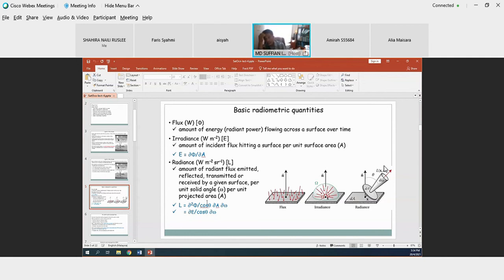Doktor, pure water tu contoh dia ocean. Kalau natural water tu fresh water macam tu kan doktor? Pure water ni yang tak ada partikel lah. Water sahaja. Natural water tu natural lah. Pure water ni, that means you remove all particle. Dia tinggal air je. Dia tak ada plankton, suspended tak ada, sediment tak ada. Maknanya you tapis dia, you buang everything. It's a pure water.